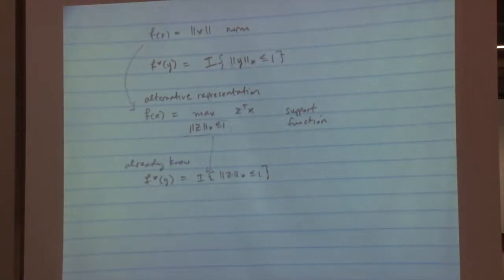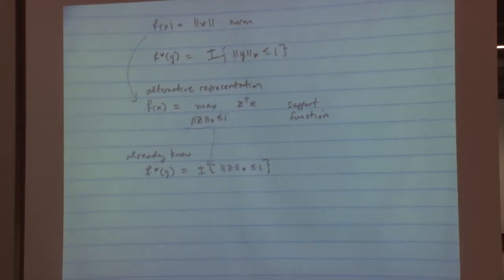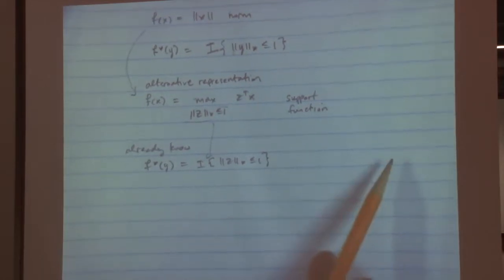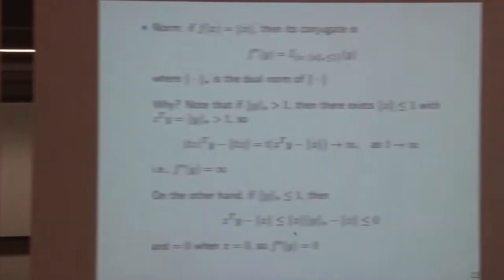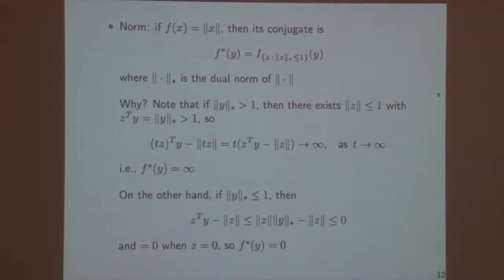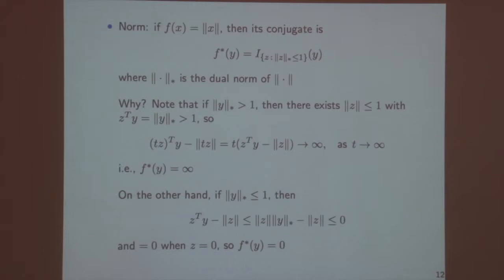Okay, so that was an example of how we used the last fact to prove this. Here's another proof that I give on the slide. This is from first principles, so it argues directly that this is the conjugate. You can go through that if you're curious. Another shorter way to see it is this argument I gave right here on the notes.